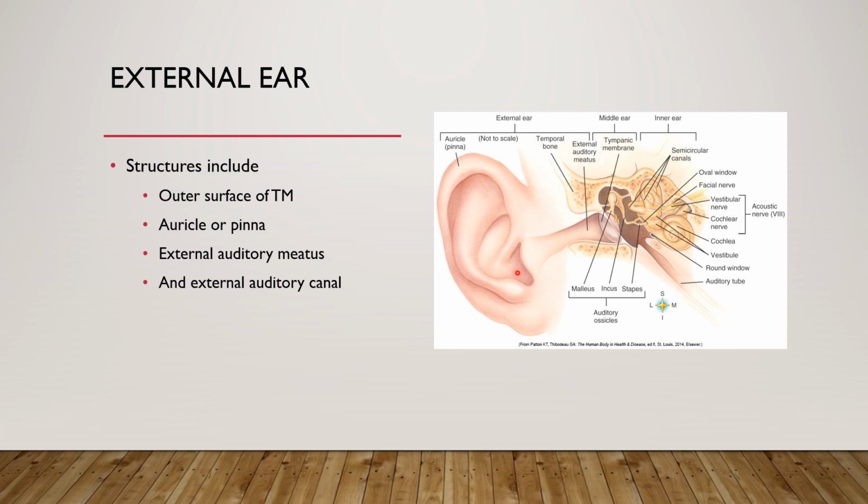Cerumen is otherwise known as ear wax. Okay, it's going to terminate at the tympanic membrane, which serves as a barrier between the external and the middle ear. So again, out here we have our auricle or pinna. Here is our external auditory meatus, our external auditory canal, and it's going to terminate here at our tympanic membrane.